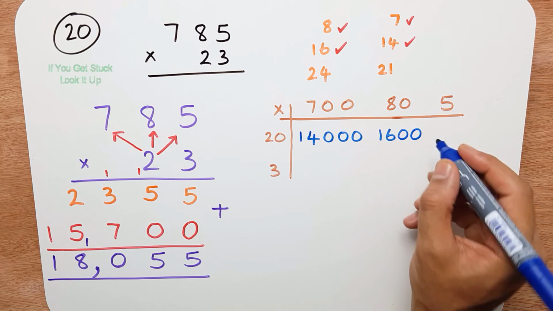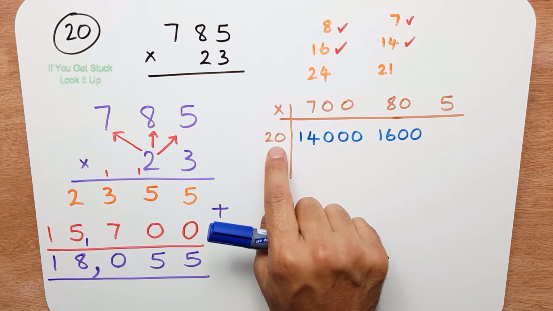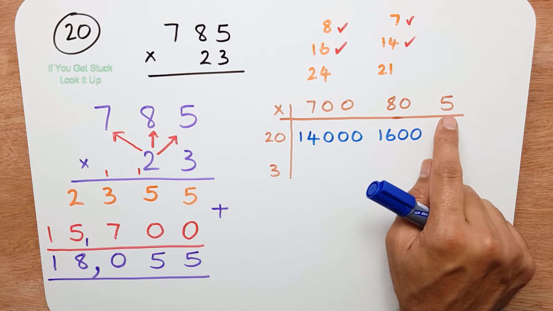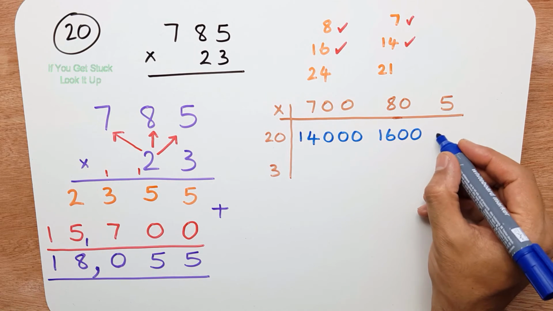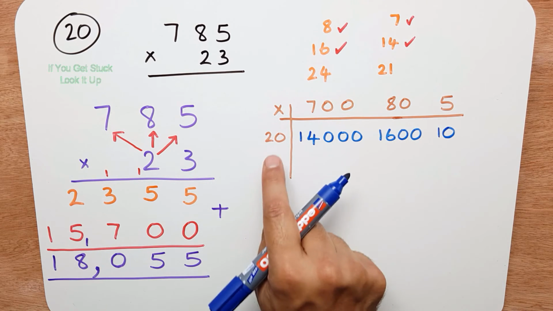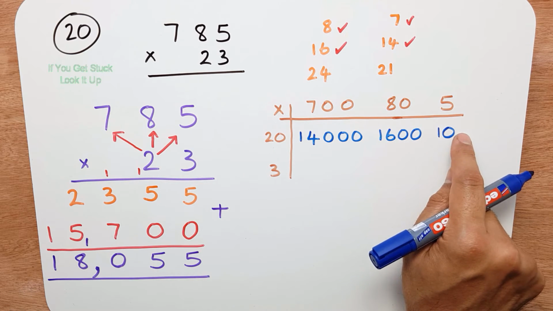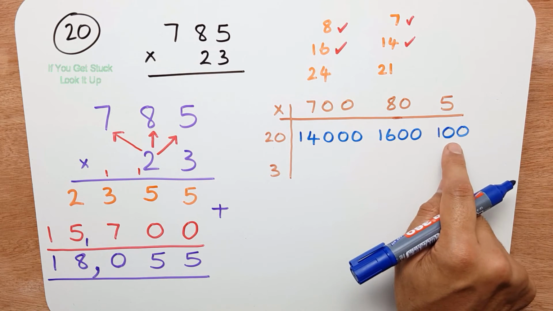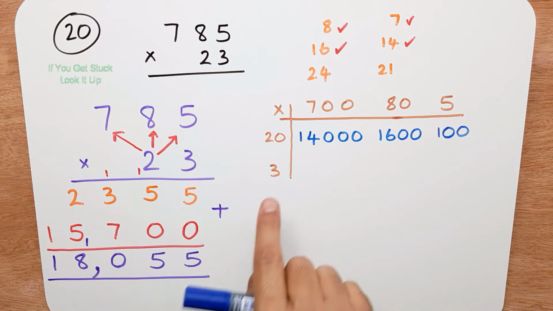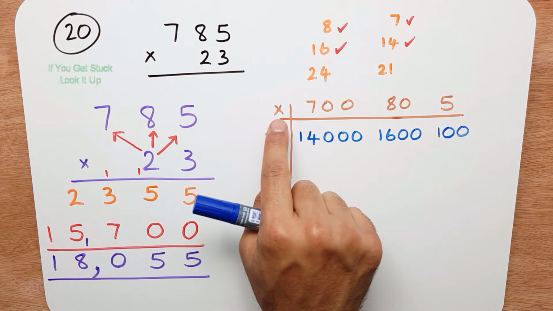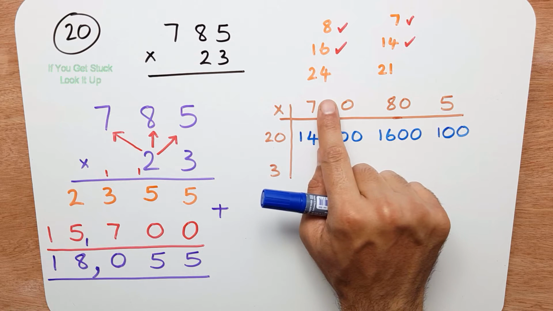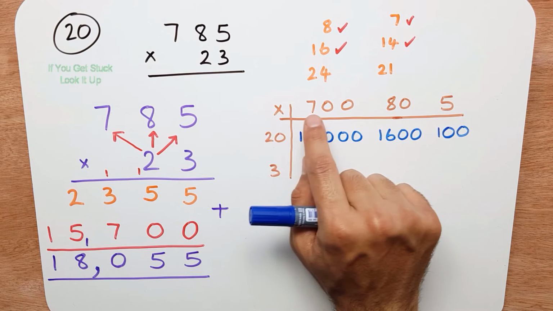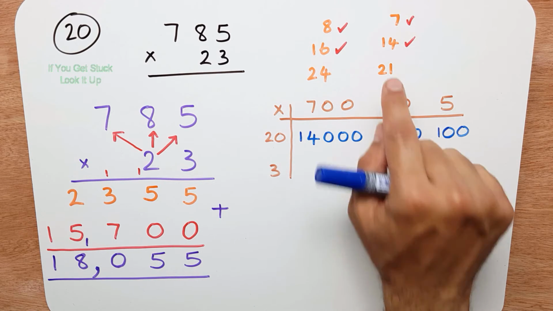1, 2. And finally we have 20 times 5, and I'm going to hide this 0, so I know 2 times 5 is 10. And then I'm going to bring this 0 back here. So that's 100. Now we're on with 3 times 700. So again, we hide these two zeros, and it's 3 times 7, and we know that's 21.